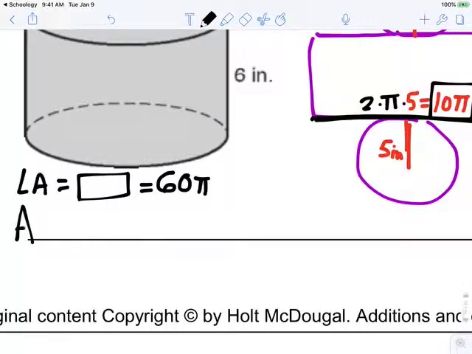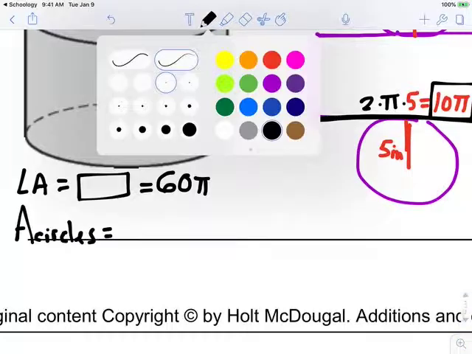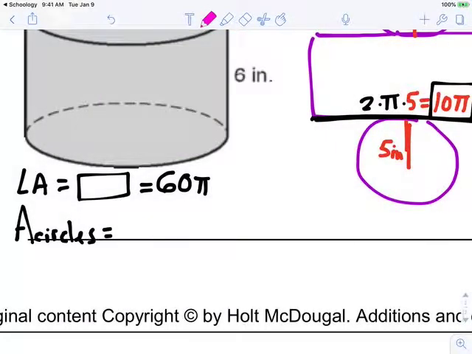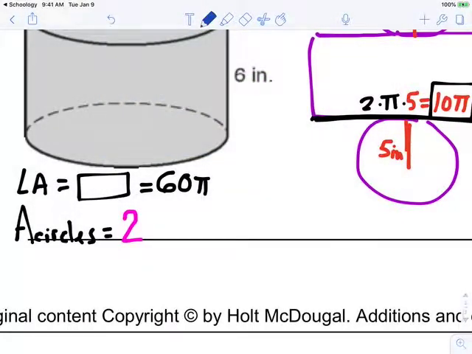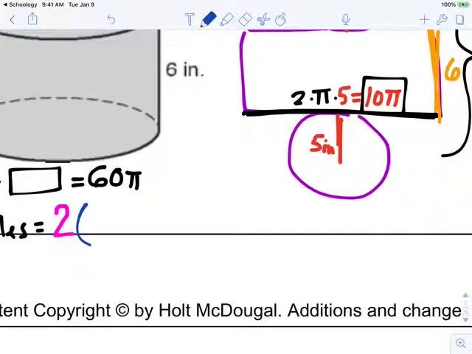Area of circles? Well, let's see. How many of those do I have? I have 2. I put a 2 because there are 2 of them, and then tell me what the area formula for the circles is. Pi r squared.